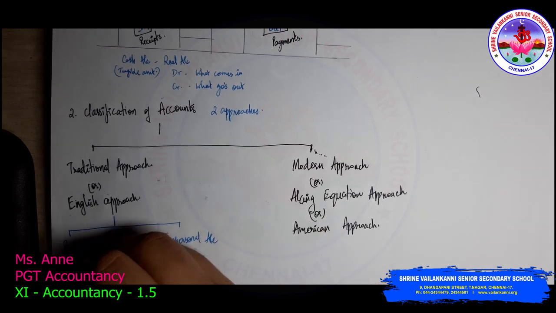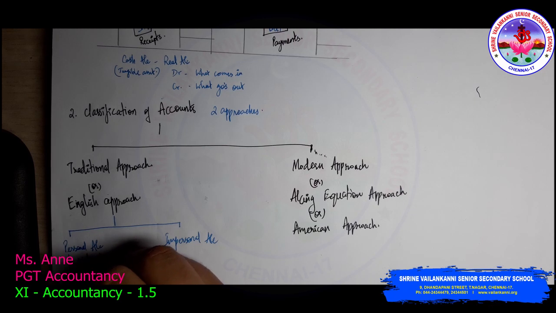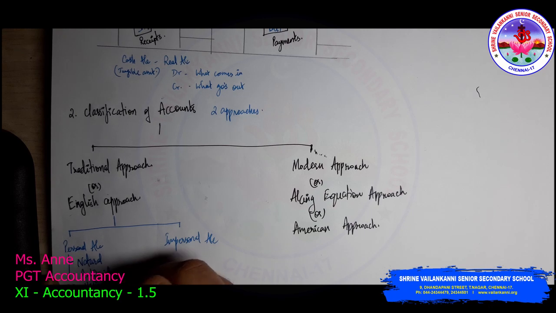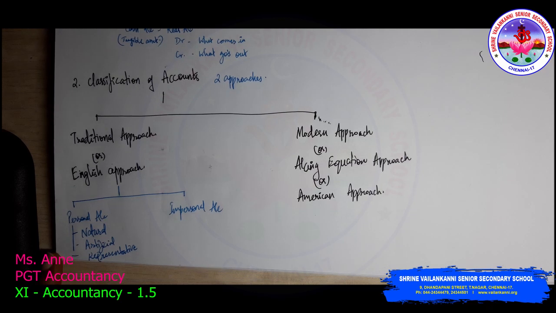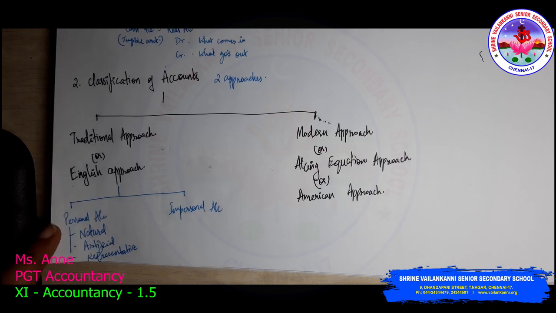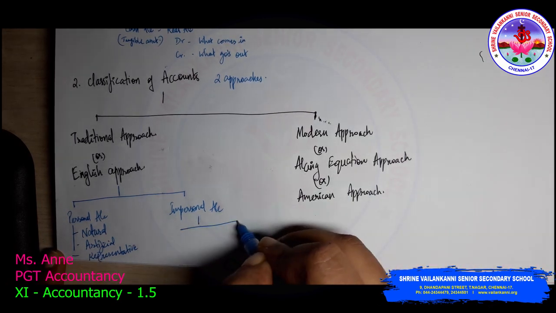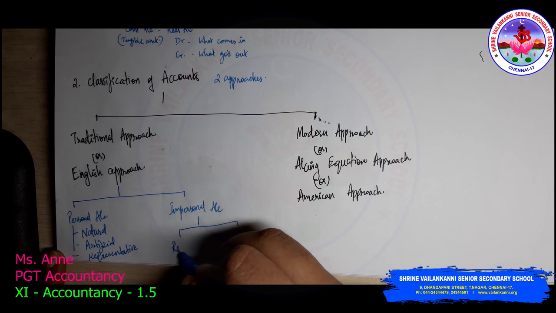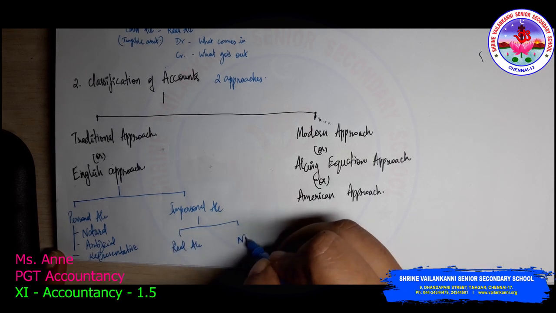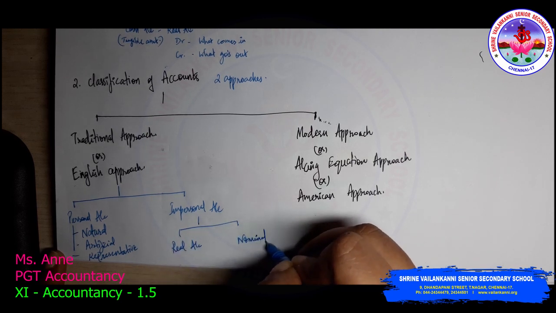Personal account can be natural, artificial, representative. Please don't mind if it is not clear; we are going to discuss these things in a detailed manner. Impersonal accounts can be real account and nominal account.